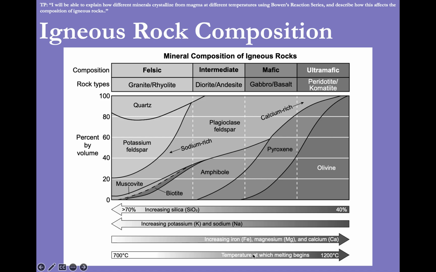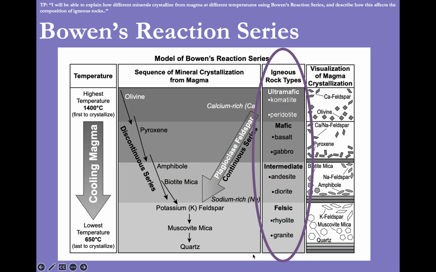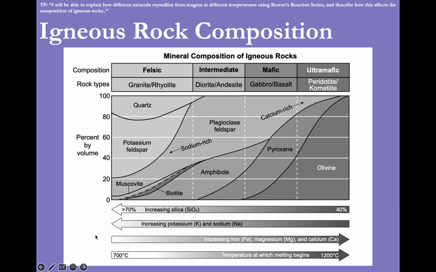Last one is the temperature. Again, olivine is the first to crystallize. Quartz is the last to crystallize. This is the temperature at which melting begins. So we have hot temperatures for ultramafic rocks.